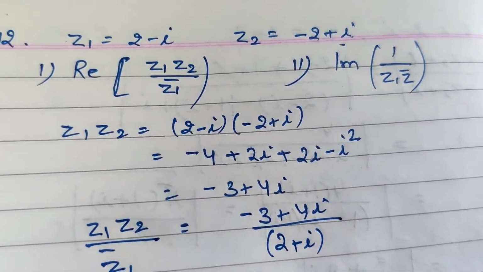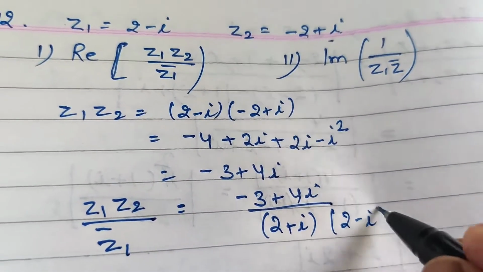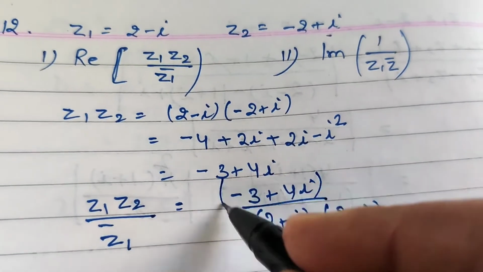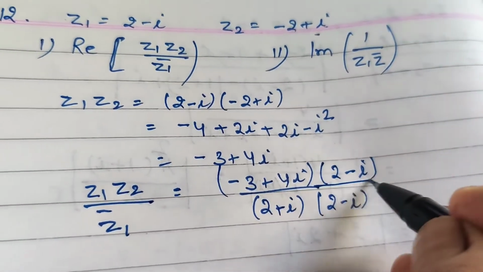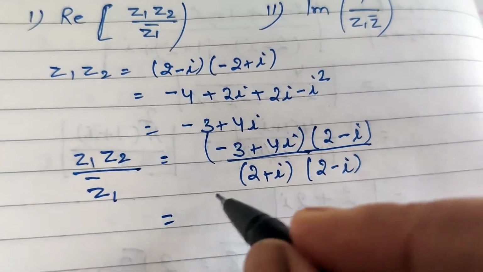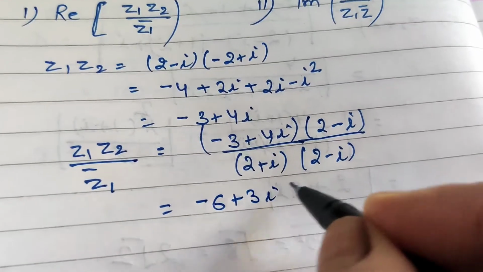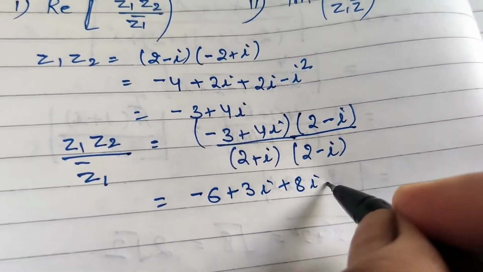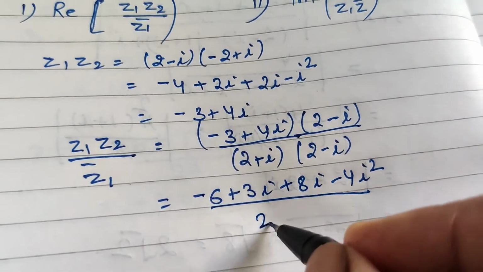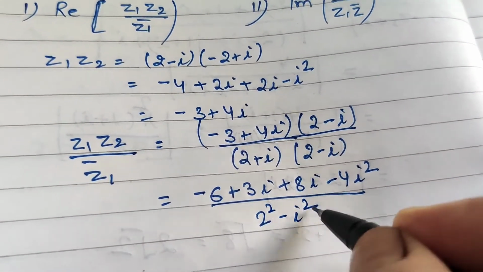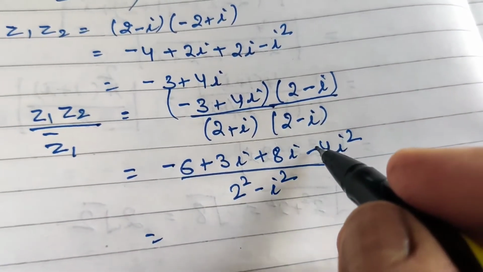Okay. Now multiplying 2 minus i in numerator and denominator for finding it in standard form. Now multiply: minus 6 plus 3i plus 8i minus 4i square, and the denominator is a square minus b square, which is 5 plus 4 in the denominator.